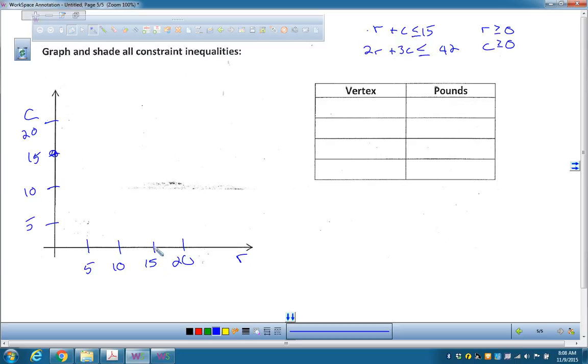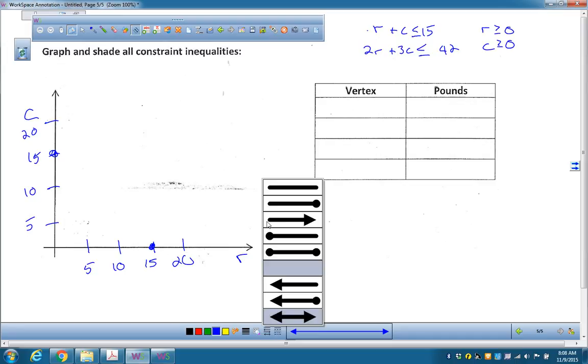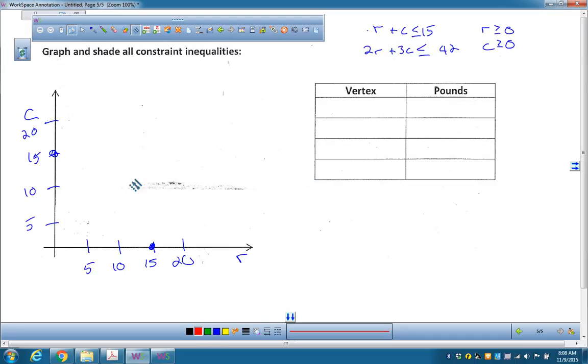When C is 0, R is 15. So I'm going to draw a line between those 2 points. I'm going to get rid of the arrows and make it red so you can tell the difference. So there's 1. And it says less than, so I'm assuming it's going to be below this line.